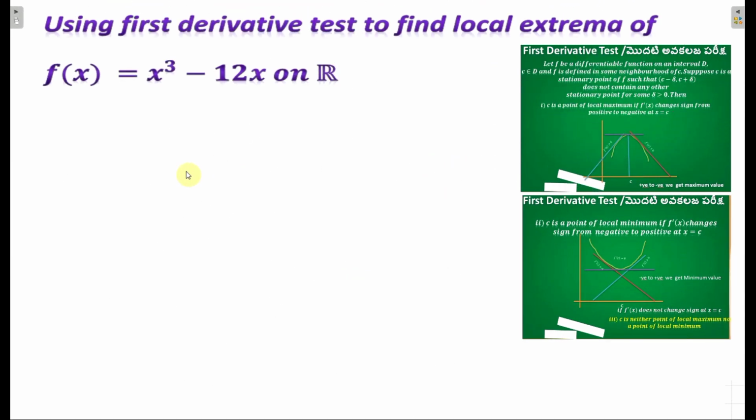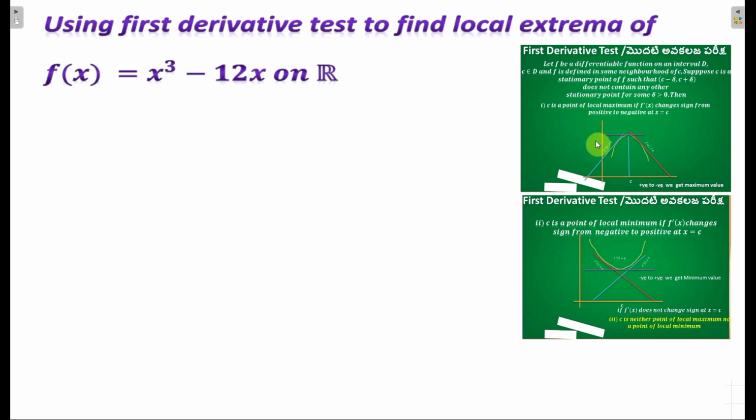Now this is the next problem. Using first derivative test, find the local extremum of the function. The function is given by this relation x cube minus 12x on R. So before solving the problem, let us recall the first derivative test here. There are three different cases.